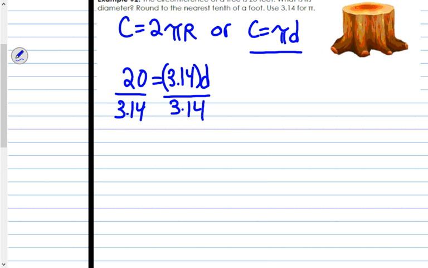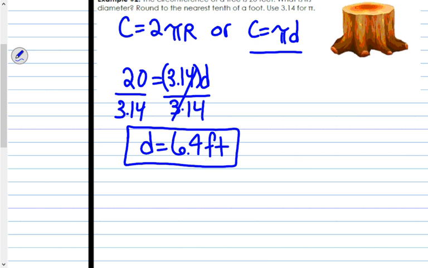On your calculator, if you divide 20 by 3.14 and round to the nearest tenth of a foot, that means 1 decimal place, you'll have that the diameter is equal to 6.4, and our units are in feet. So the diameter is 6.4 feet. Simple as that. We will do example 1 together.